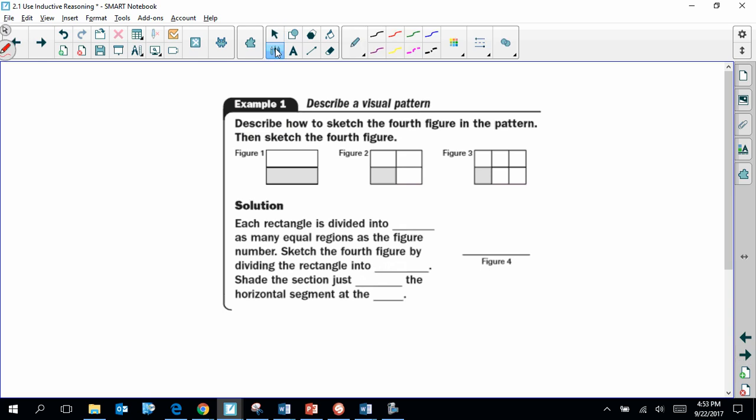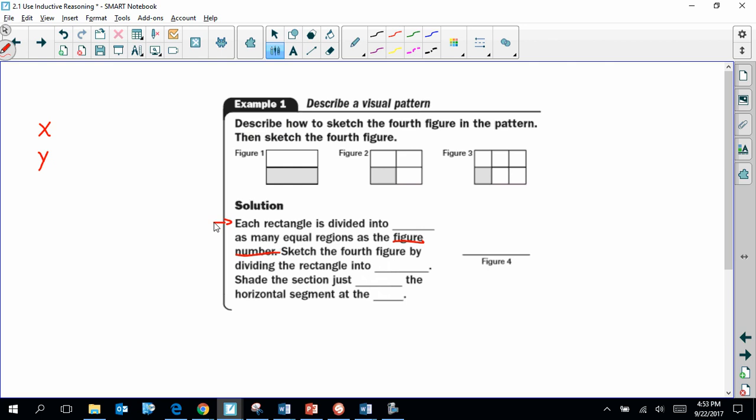It's telling us that each rectangle is divided into as many equal regions as the figure number. If we were in an algebra classroom, we might call the figure number x and the number of equal regions y.